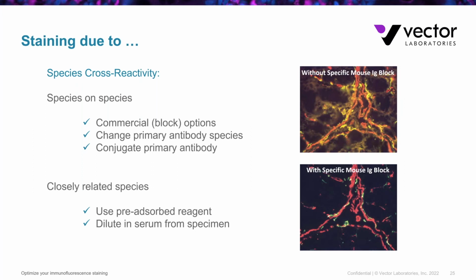You can dilute that anti-hamster secondary antibody in buffer containing, say, 2% mouse serum. Let that sit for about 30 to 60 minutes on the benchtop, absorb up that stickiness, and then apply it to that primary antibody. And that should significantly reduce background staining due to that cross-reactivity component.